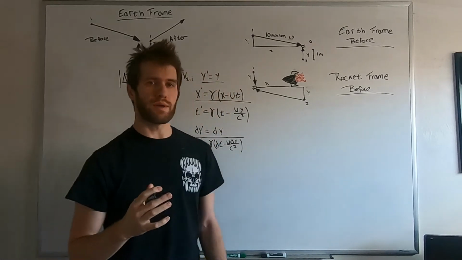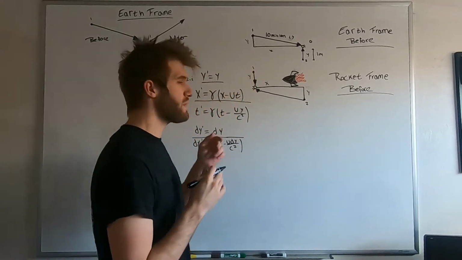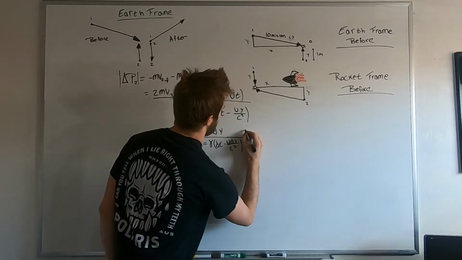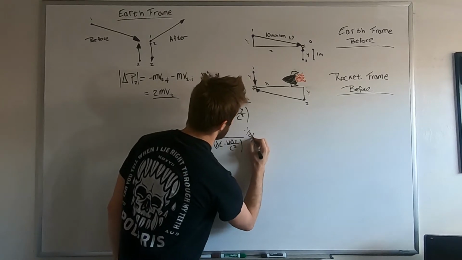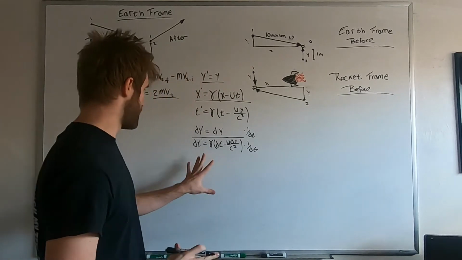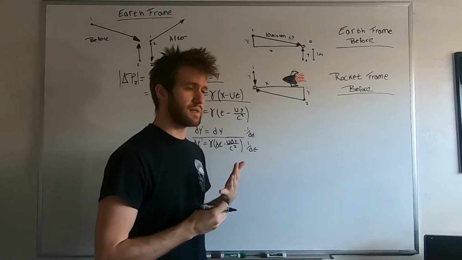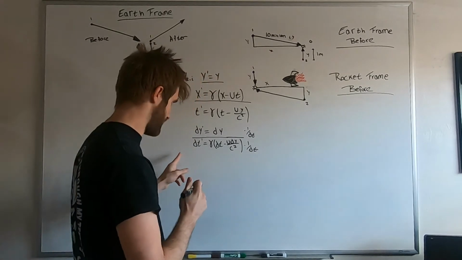Now, what we're going to do is we're going to multiply the numerator and the denominator by 1 over dt, right? So 1 over dt times 1 over dt, okay? And what that gives us is this divided by this just gives us our instantaneous velocity in the y direction.